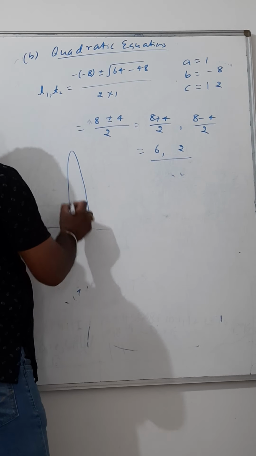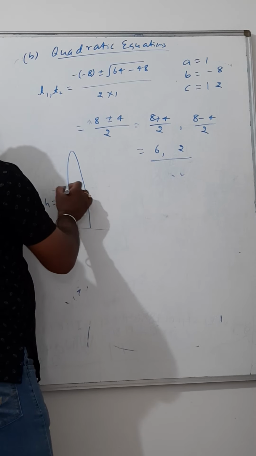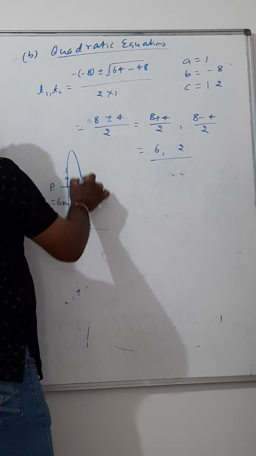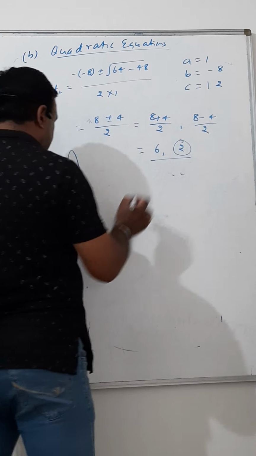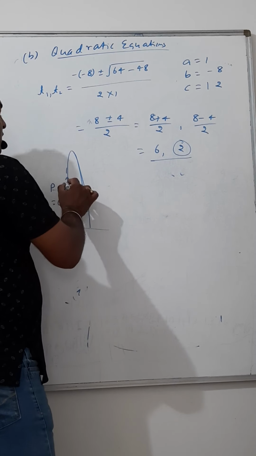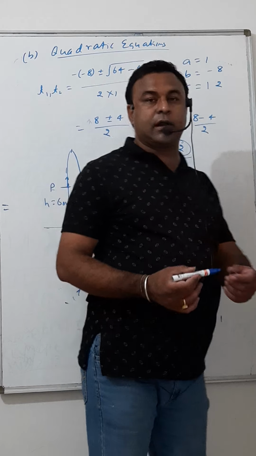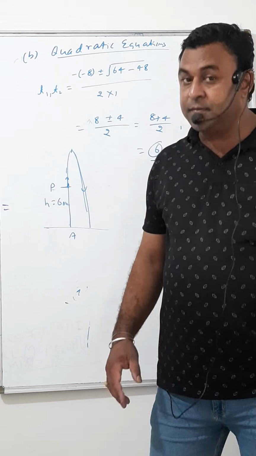This is the ground, and this is a height of 60 meters at point P. When it goes up, definitely it will come down also. So the lesser time is the time when it is moving upwards. It goes up, then comes down, and at that moment the clock time is 6 seconds. This is the meaning of two answers here.